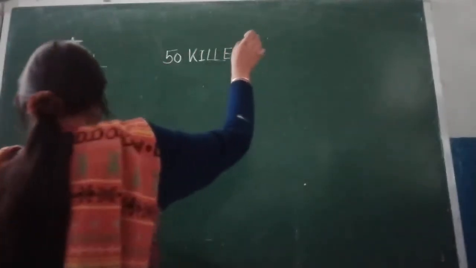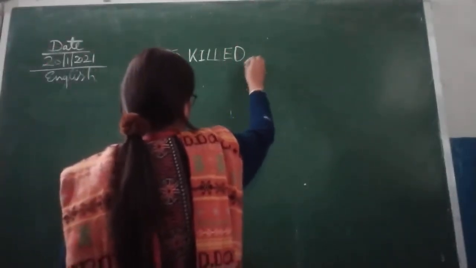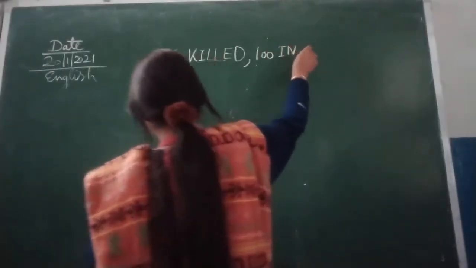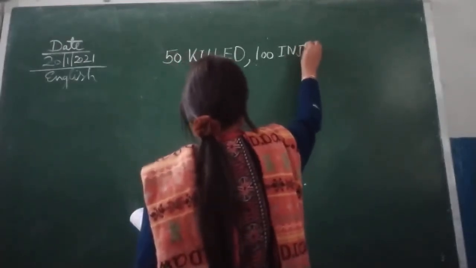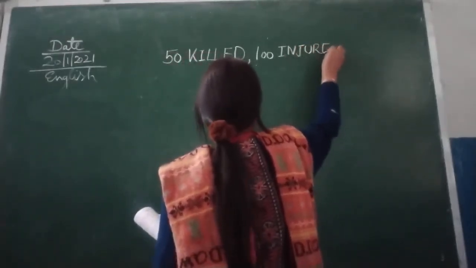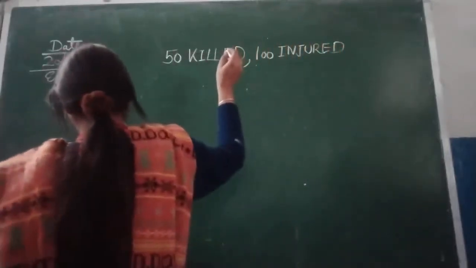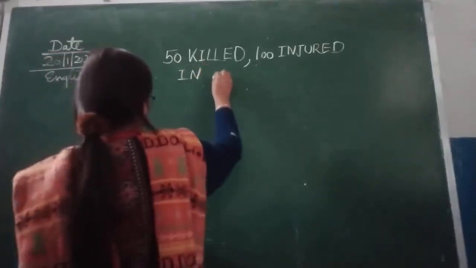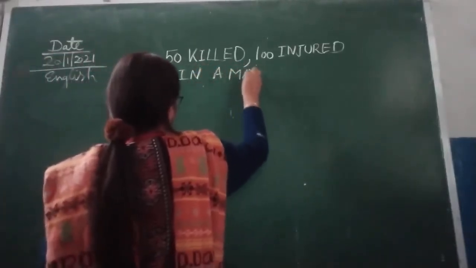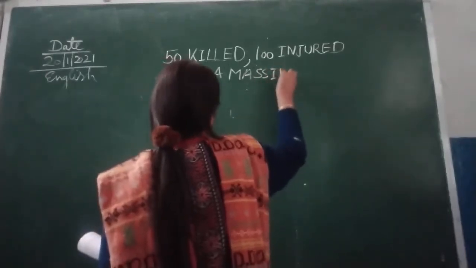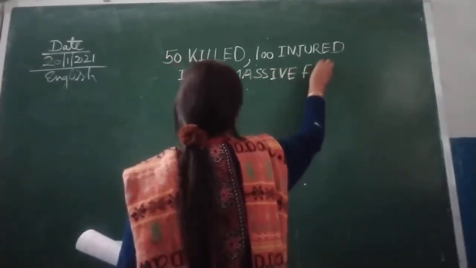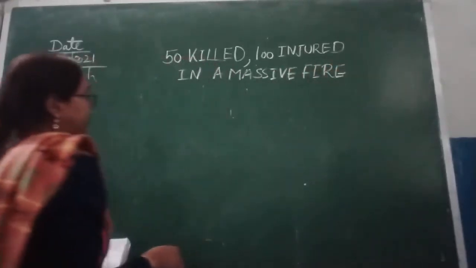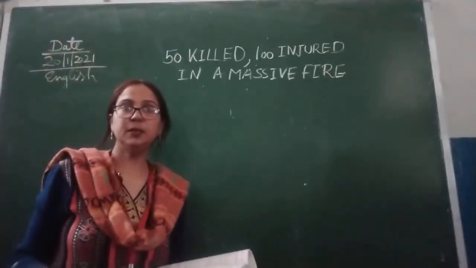killed, 100 injured in massive fire. So you can see over here that a lot of casualties are there. 50 killed, it means they are dead.